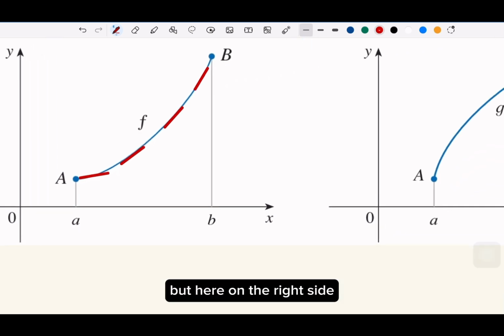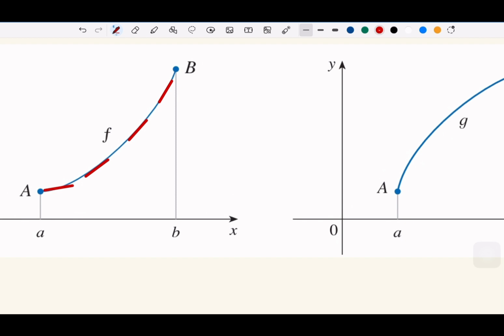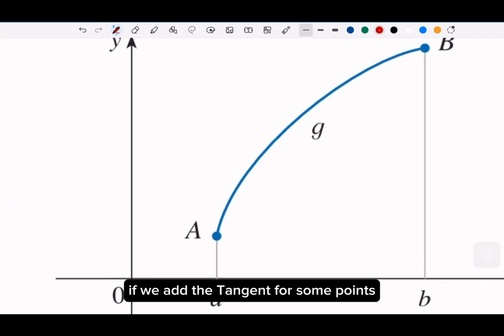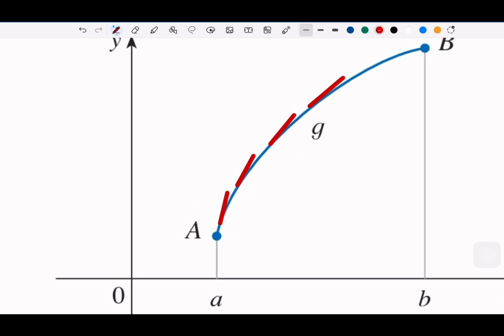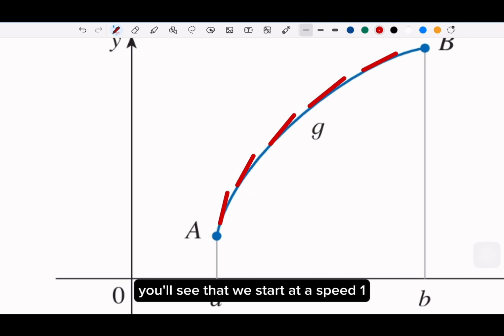But on the right side, if we add the tangent at some points, you will see that we start at a steep one, right?